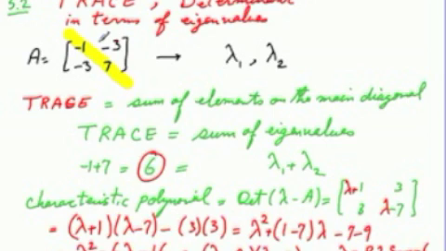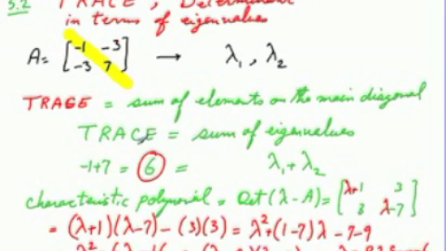So output and input should live in the same space. I don't want to have a three-dimensional input and say a four-dimensional output. If that was the case, I couldn't compare them. I want to compare them, say what comes out of this matrix is very similar to what went into the matrix. If you want to do that, then it has to be a square matrix. Otherwise, you have to define for yourself what it is that you want. So as far as we are concerned, the whole thing only makes sense for square matrices.